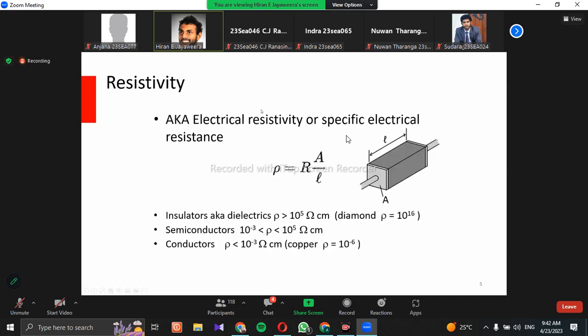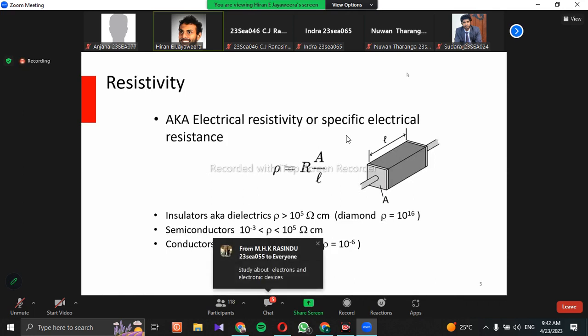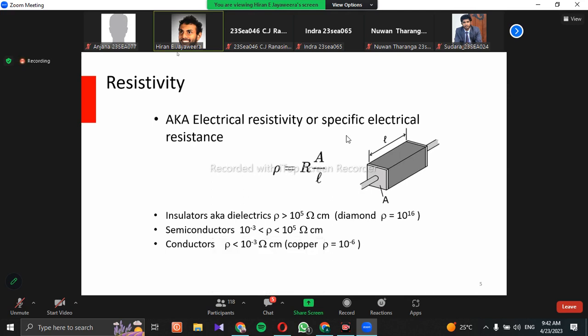Right. So now I'm moving towards another fundamental parameter, we call the resistivity. This parameter resistivity is sometimes called specific electrical resistance, or we call it resistivity.